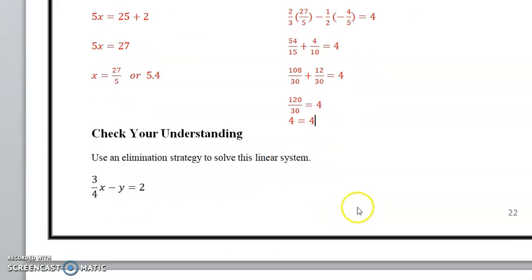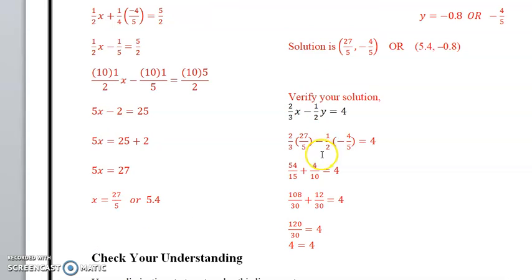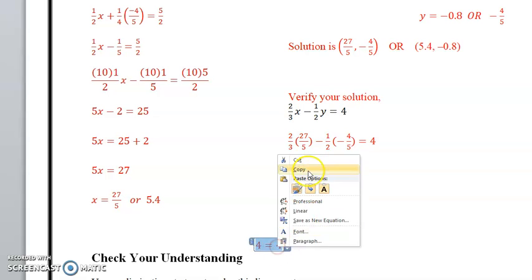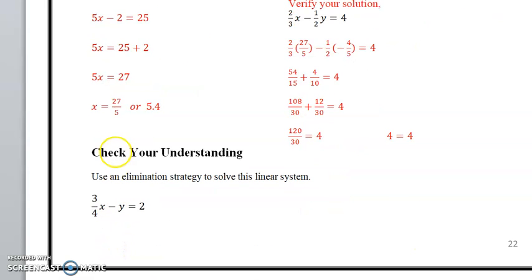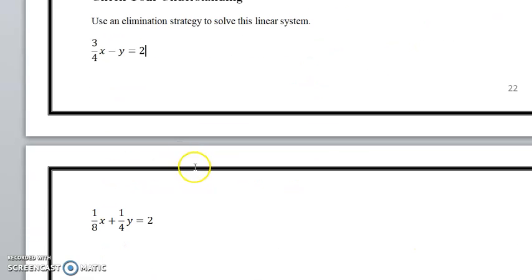There's your verification. One thing I love about algebra, you'll hear me say it a few times, you can't get these wrong, and what I mean by that is you can verify your solution a number of different ways, okay? Just to make sure you got this.